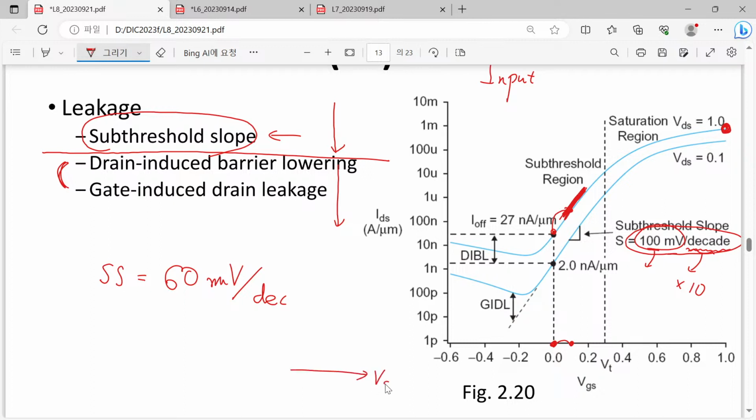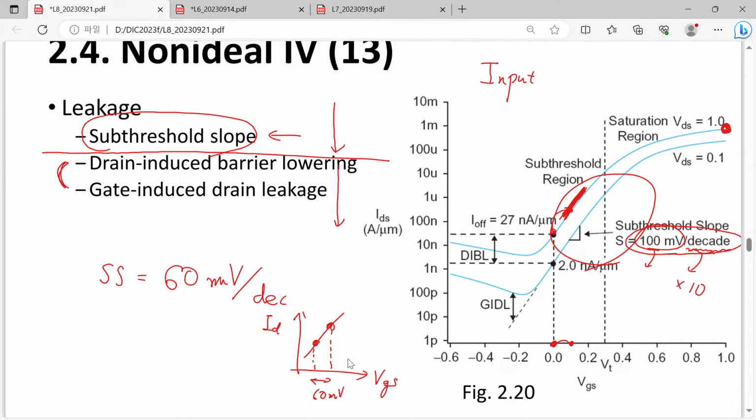When you draw VGS and ID, and we have this subthreshold graph corresponding to this part, when you increase this gate voltage by only 60 millivolt, which is 0.06 volt, you will get 10 times larger drain current. This is the meaning of subthreshold slope.